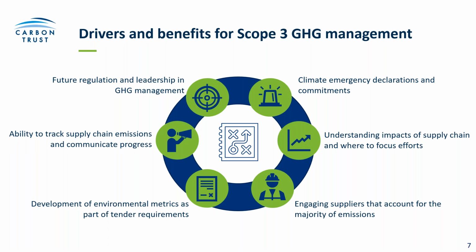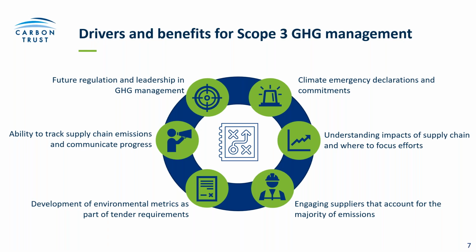For starters, your organisation may have made a climate emergency declaration recently, which may have directly or indirectly committed to reducing emissions beyond just Scope 1 and 2. And we've seen various versions of wording related to the declarations that either specifically name Scope 3 as a target area or leave it ambiguous enough that it could be argued that Scope 3 should be covered in whatever commitment has been made.